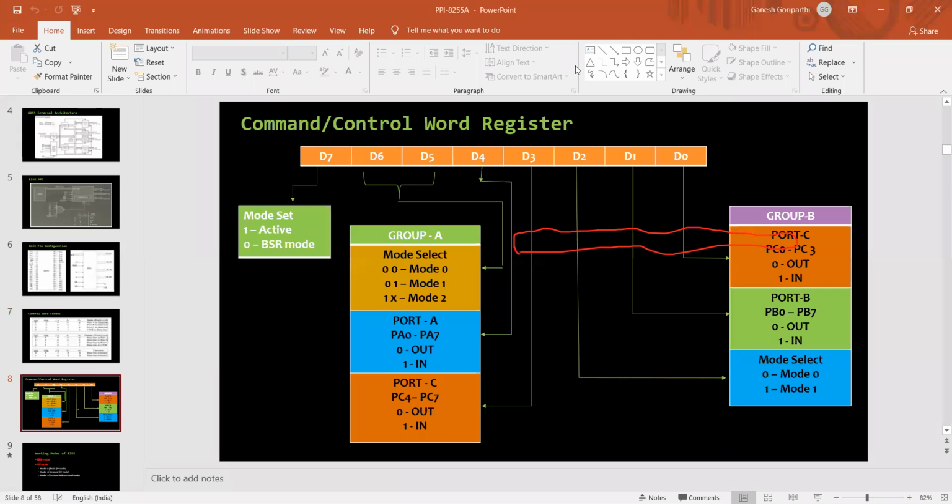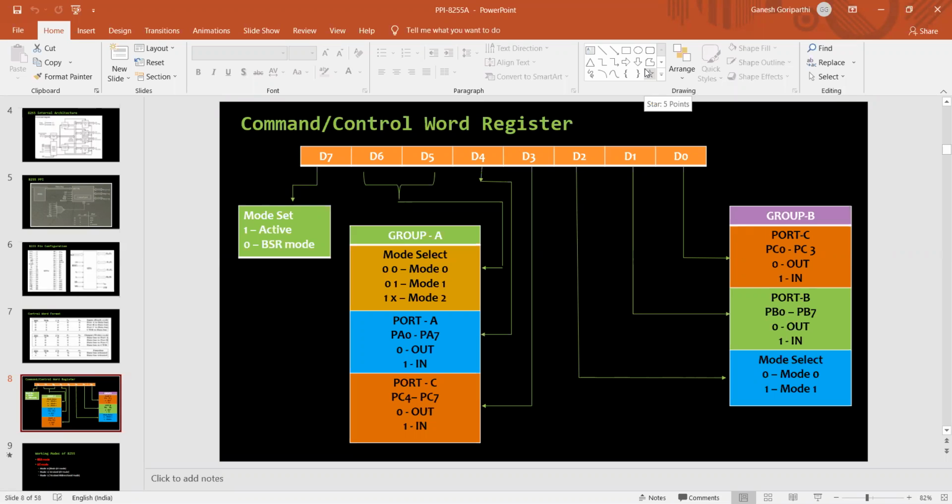This is the command word. When A0 and A1 are both 1, then we will be supplying this command word to the data bus buffer, to the 8255. This command word will be supplied by the programmer. That means by using the 8086 processor, we can program this 8255.